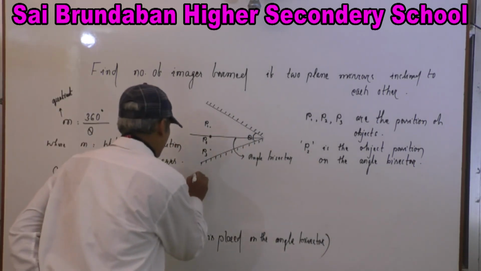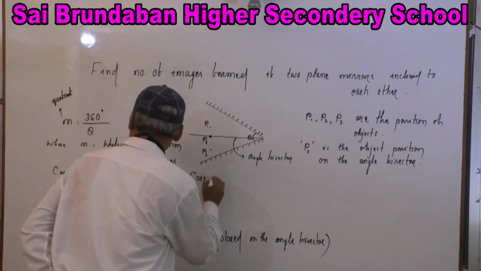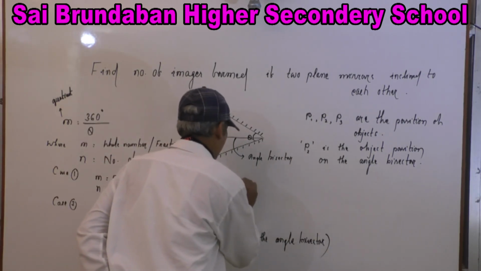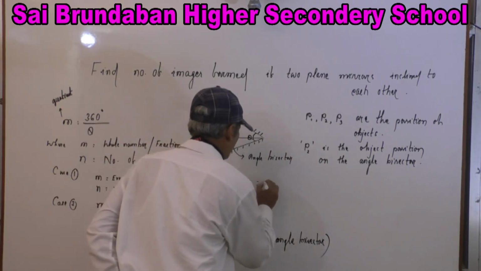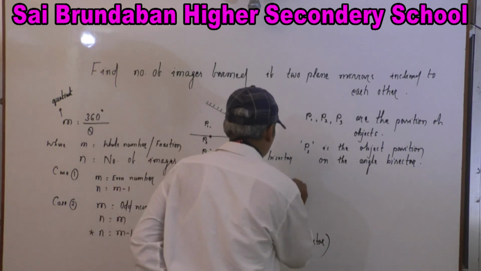Then case 3. M is equal to P by Q, a fraction.